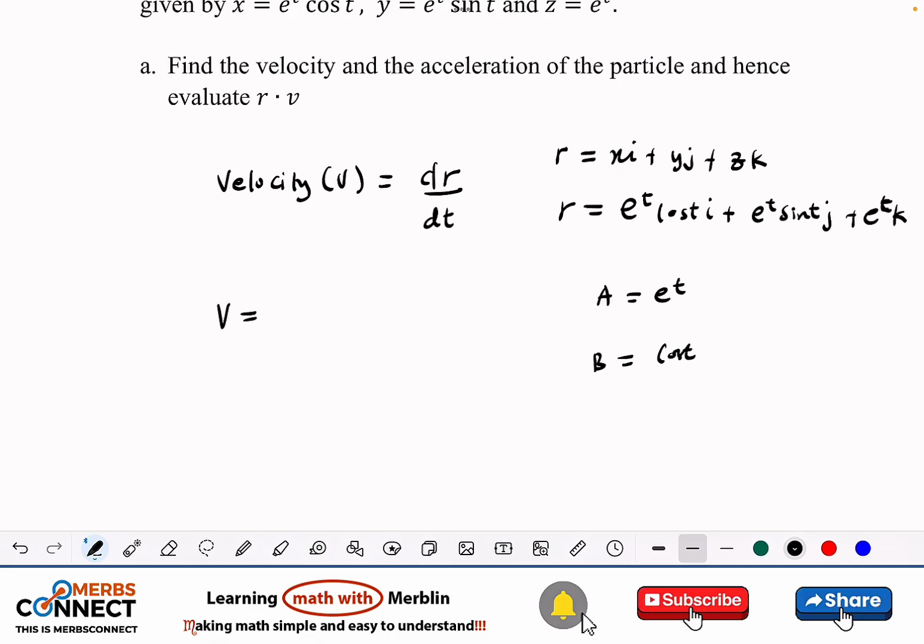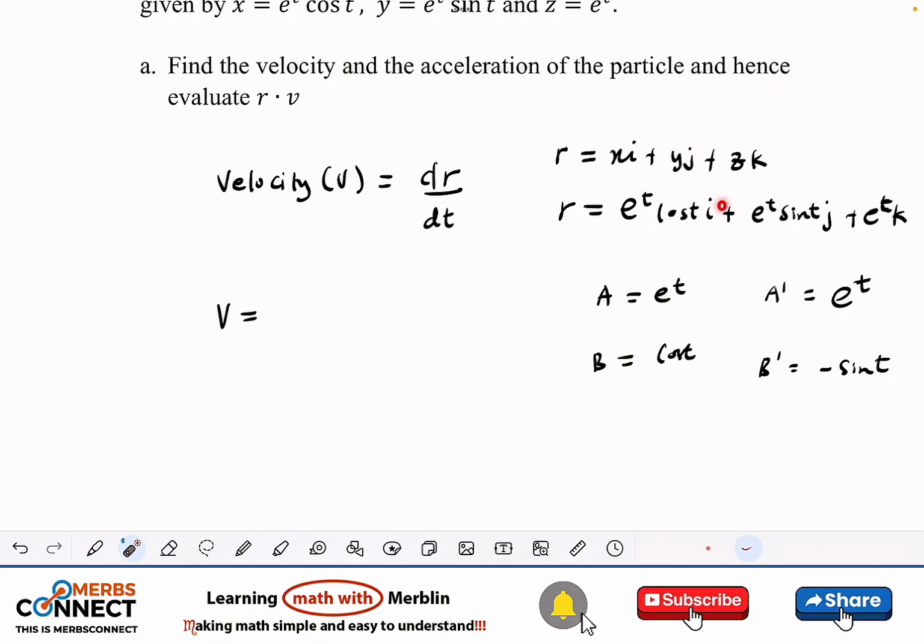Then what is a prime? When I differentiate an exponential function, I maintain the function, and then I differentiate what is on the top. When I differentiate t with respect to t, I get 1. So 1 times this is the same thing. So when we differentiate an exponential function like this, you get the same thing. Then when I differentiate cos, we know that we need to have minus sine t.